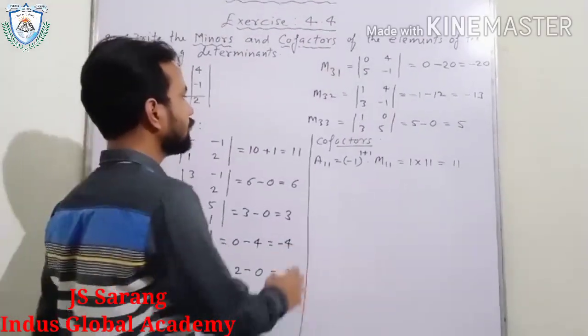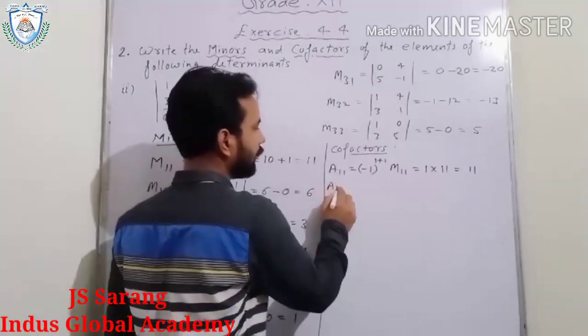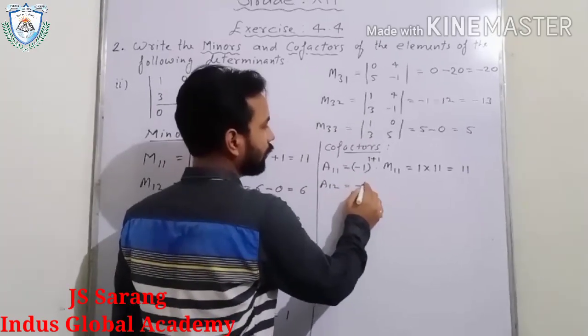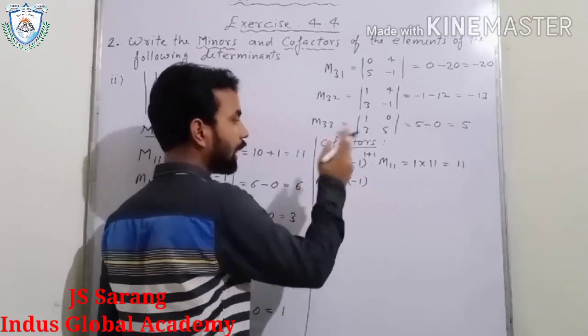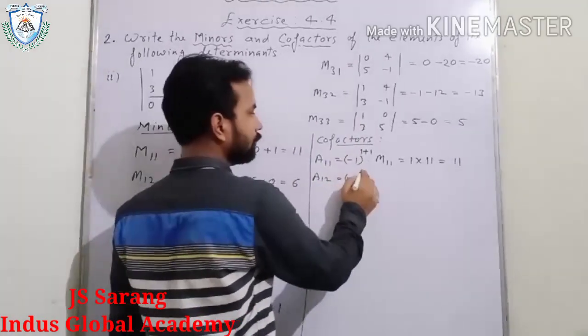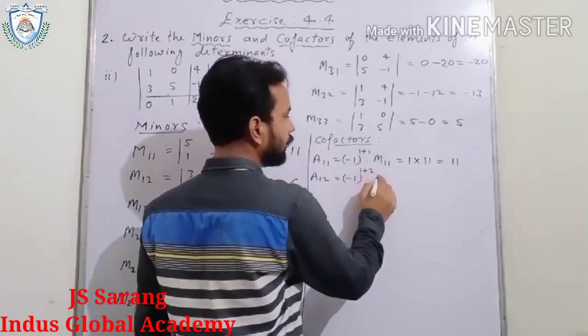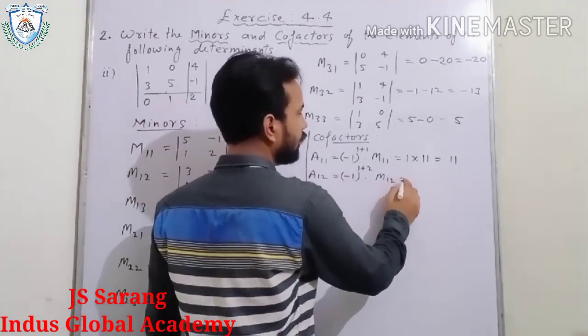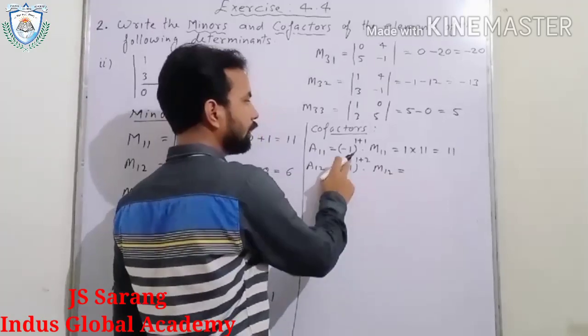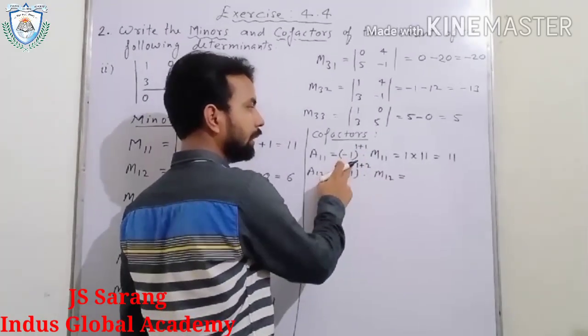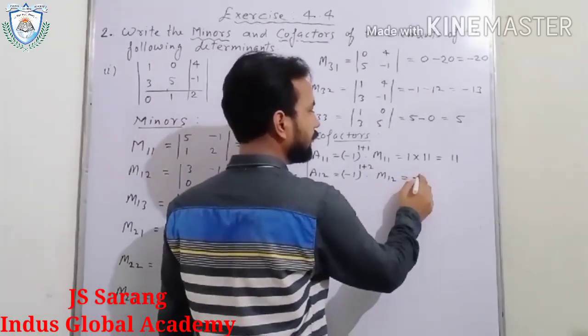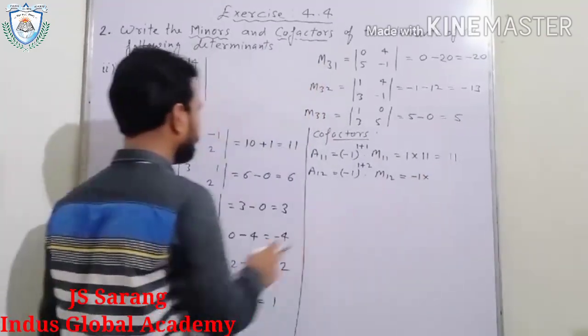Clear? Now the second cofactor is A12. According to the formula, minus 1 to the power i plus j. i is 1, j is 2. So it is 1 plus 2 into M12. Here minus 1 to the power 1 plus 2, that is 3. So minus 1 to the power 3 is minus 1 into M12.